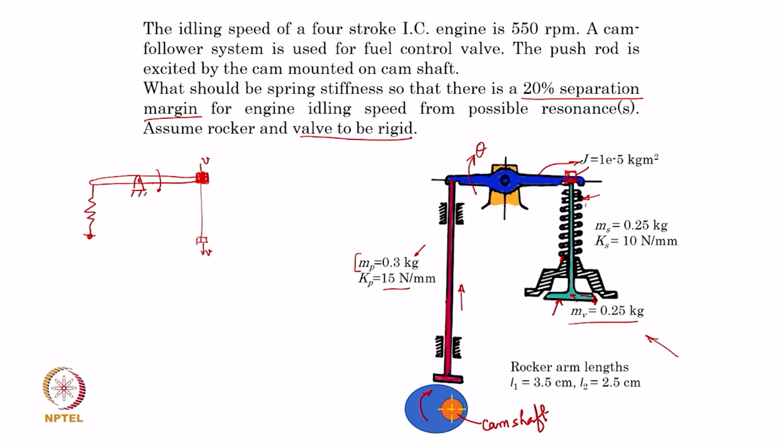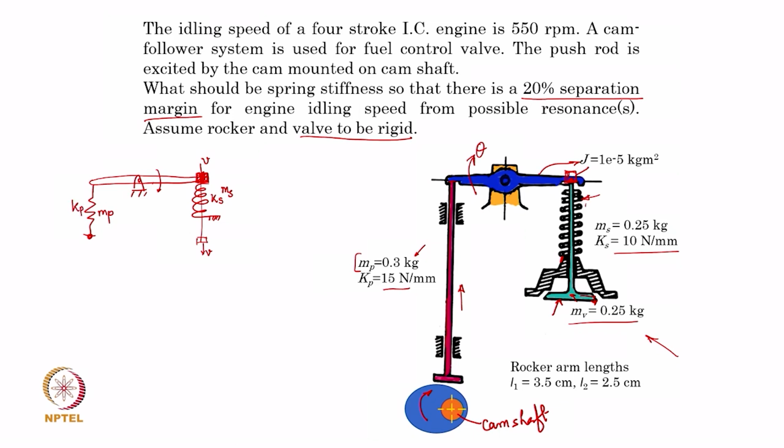So, at this end there is another spring which is fixed to the cylinder head, and this spring has the spring stiffness, let us say Ks, as you see here. The spring also has its own mass. So, in this case there is a mass of the spring as well. There is a mass of the push rod, and then there is a stiffness of the push rod.